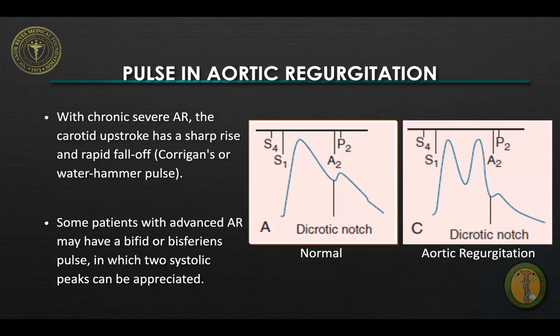For severe aortic regurgitation, the carotid upstroke has a sharp rise and rapid fall off, also known as Corrigan's or water hammer pulse. Some patients with advanced aortic regurgitation may have a bifid or bisferiens pulse, in which two systolic peaks can be appreciated.